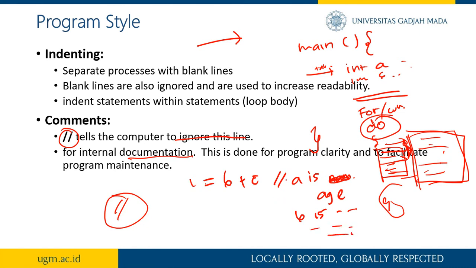So the comment will give you documentation of what you are doing with your code. Also, it will help you more in the future when you are looking back at your code and guessing what this code means, what it is for, etc. You will easily find it when you have documented it well by using comments.